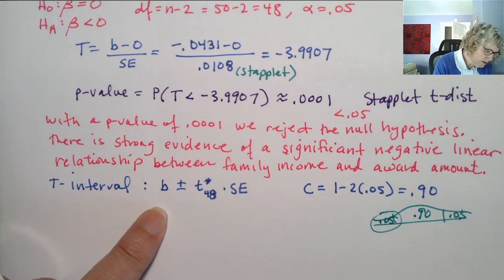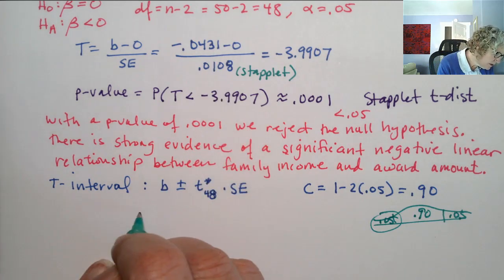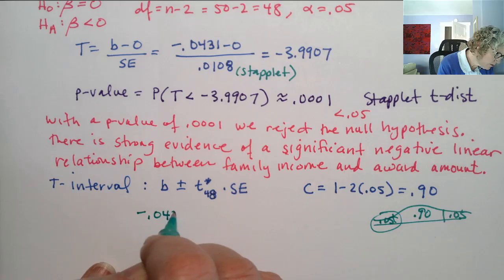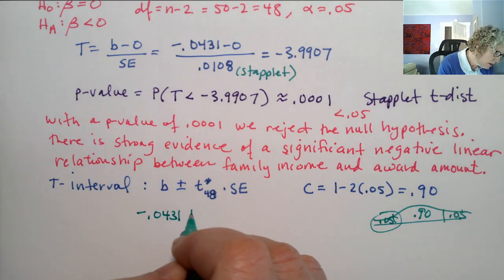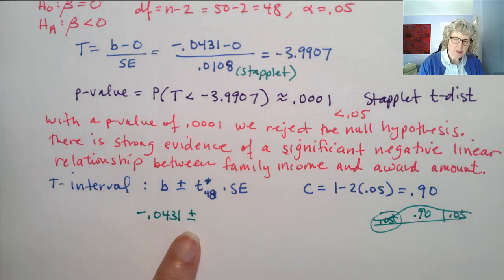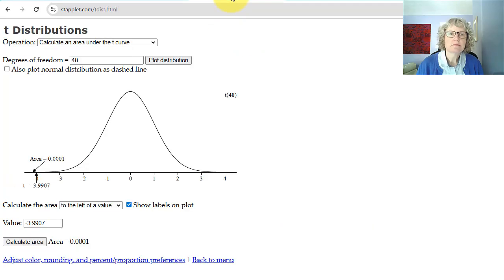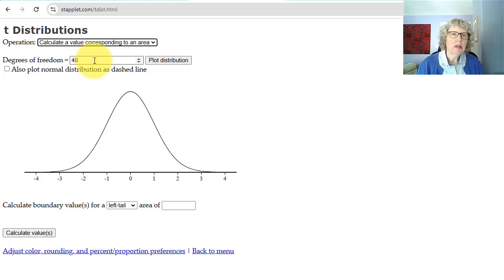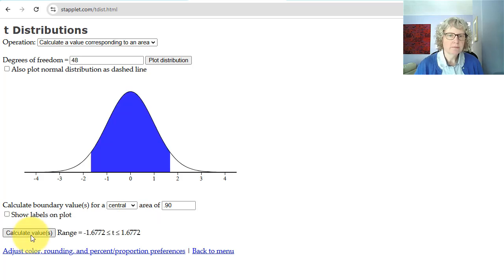Let's start with our slope, which is negative 0.0431 plus or minus. Okay, we need our t star, right? So let's go back to our t distribution. T distribution, and a t star is a value. Same degrees of freedom, 48, but we need to go central because a confidence interval is central and 0.90.